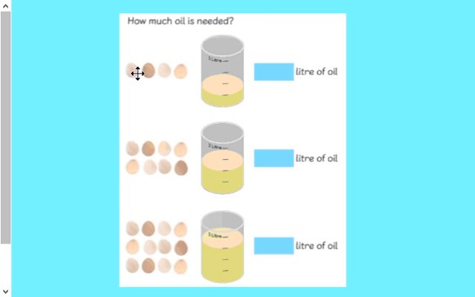But she said she wanted to use 12 eggs. So we said just now that she would have to have 3 times as many eggs. Well, if she has 3 times as many eggs, she will need 3 times the amount of oil.